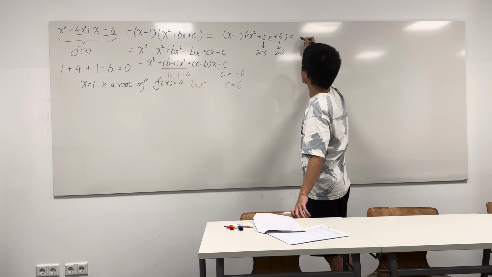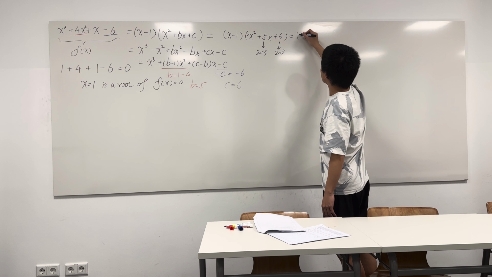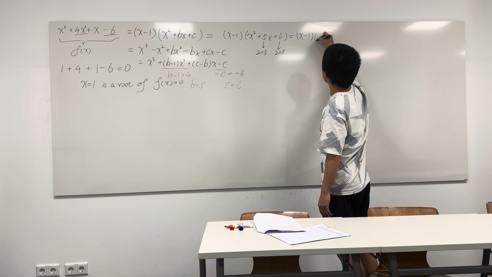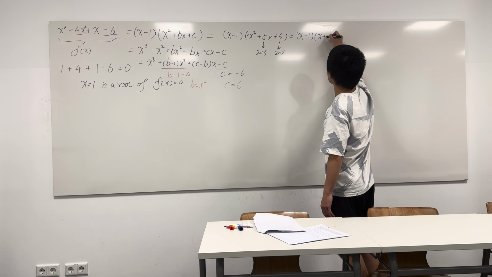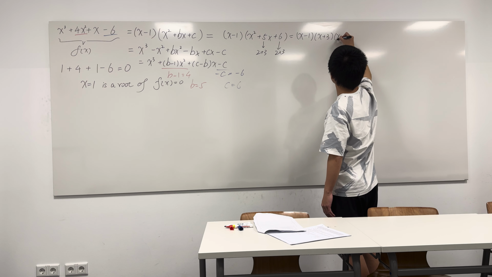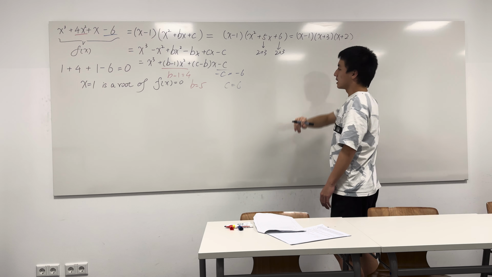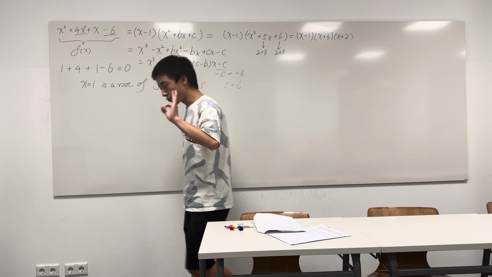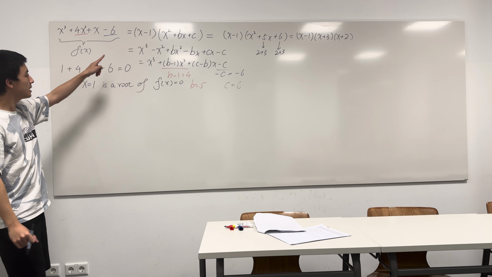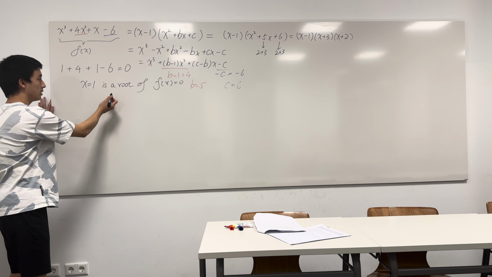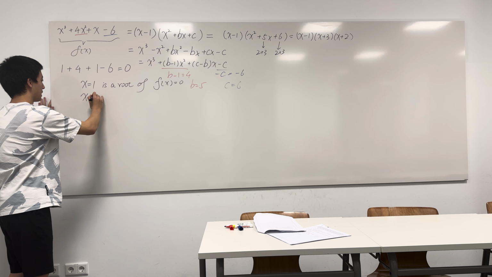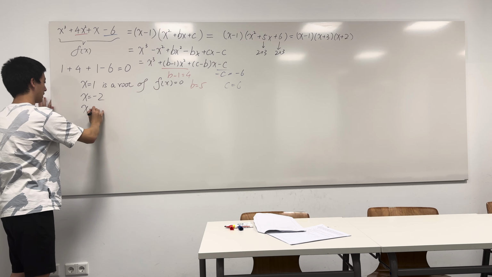Therefore we can continue to factorize it. Then we get (x minus 1)(x plus 3)(x plus 2). Therefore the roots of this function are x equal 1, x equal to negative 2, x equal to negative 3.